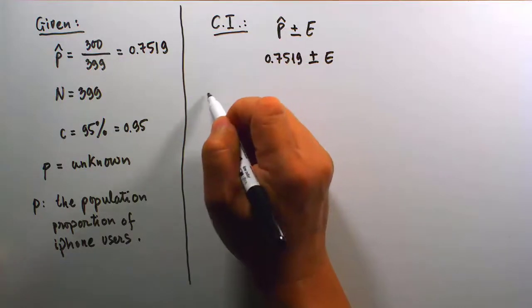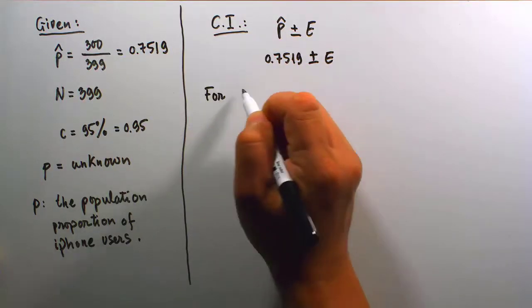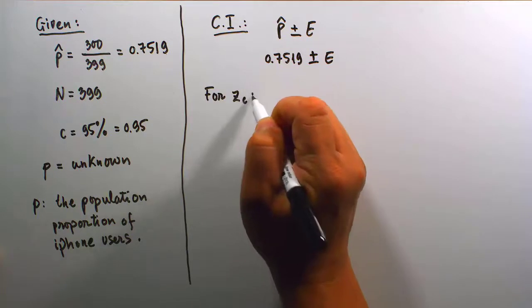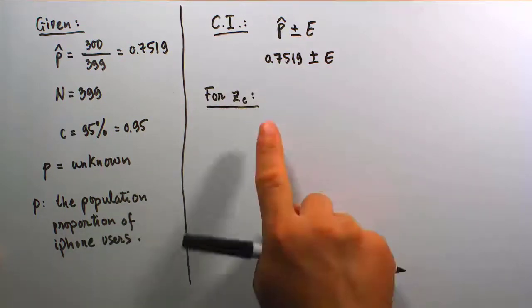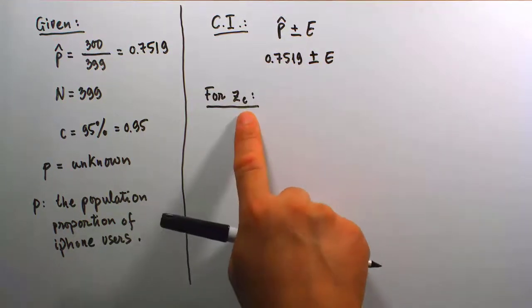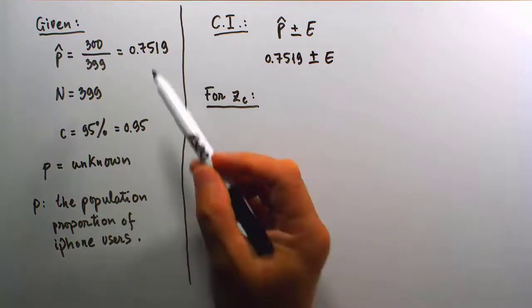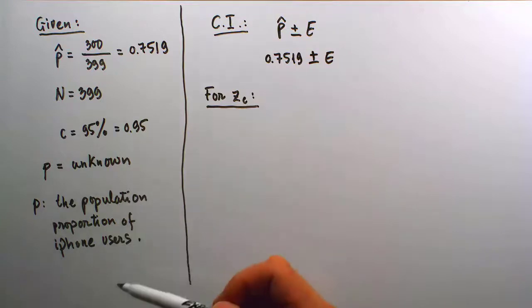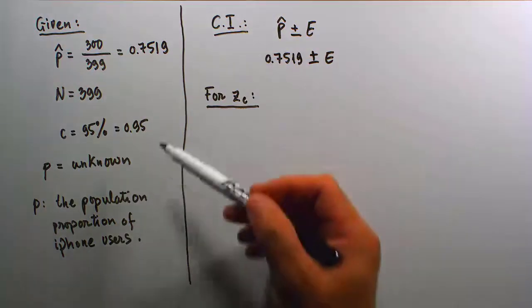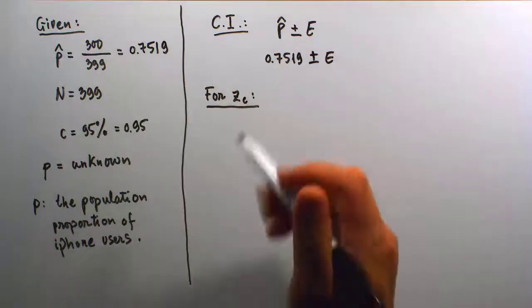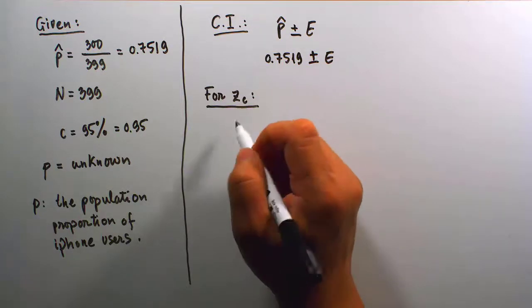Now once again, I am going to jump immediately into figuring out the z sub c value, because it's one critical required part in the formula. But other than that, any other values that we have seen in the formula for margin of error are already given. So for z sub c here, I am going to repeat the steps.